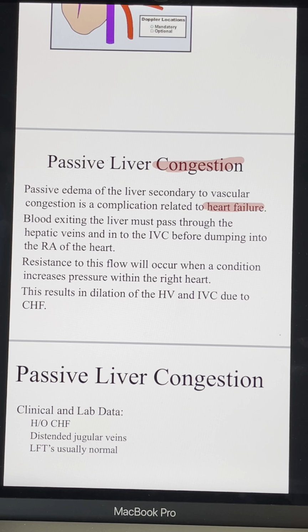Resistance to the flow will occur when conditions increase pressure within the right heart. This results in passive liver congestion. What it is going to do, this results in dilatation of hepatic veins and IVC due to congestive heart failure.